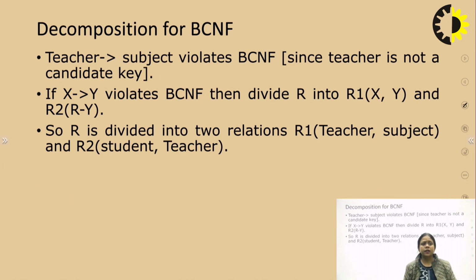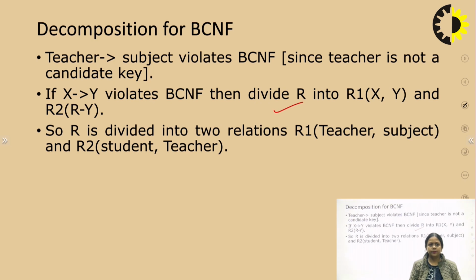So, teacher to subject violates BCNF since teacher is not a candidate key. If X to Y violates BCNF, then divide R into R1(X, Y) and R2(R minus Y). Okay. So, this is the rule to decompose the table into two. We will keep these X and Y attributes in the same table, and in the other table we will keep the R minus Y attributes.